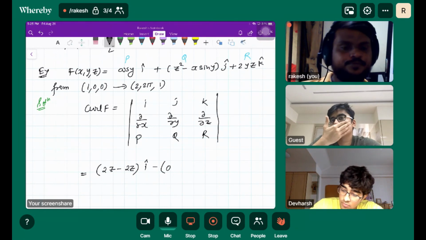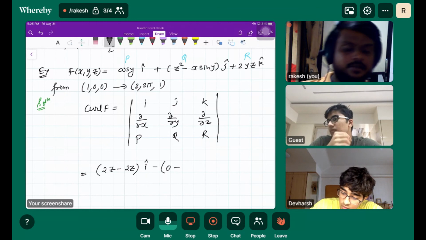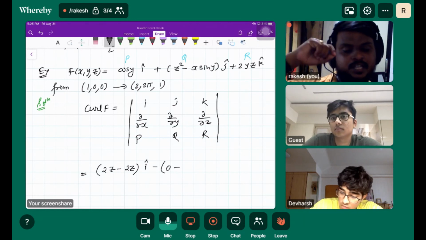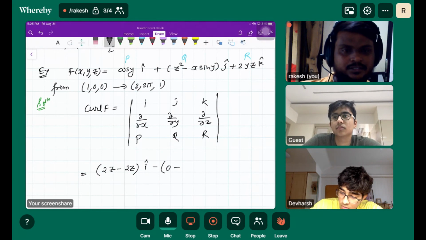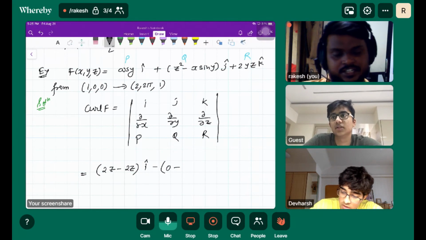That is the partial derivative of r with respect to x, which is 0, minus the partial derivative of p with respect to z, which is again 0.